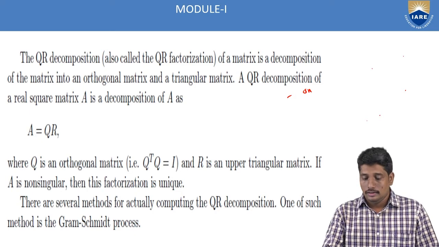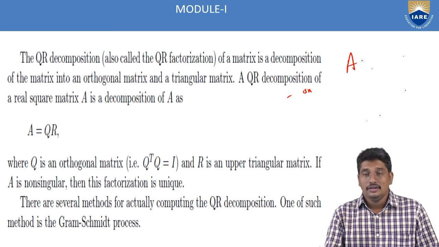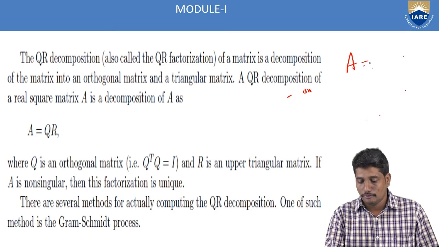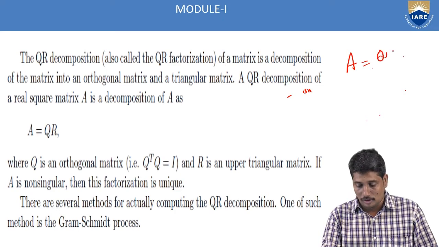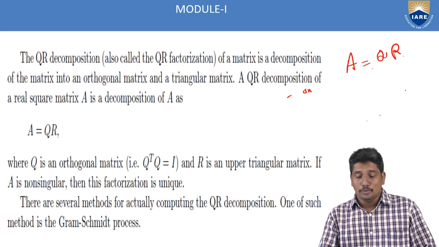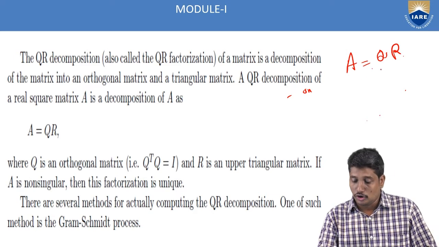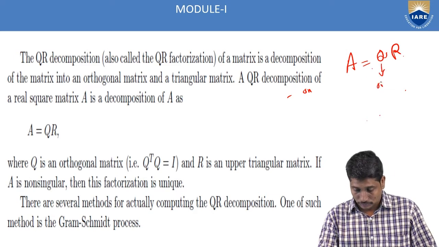So, any matrix A can be factorized into a product of two matrices, namely Q and R, where Q is an orthogonal matrix and R is an upper triangular matrix.